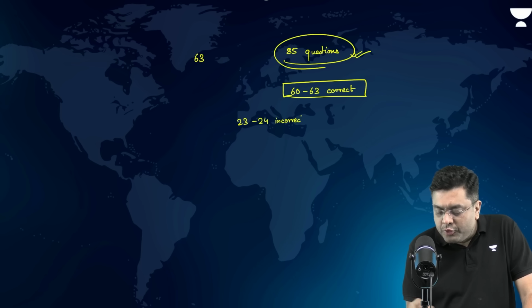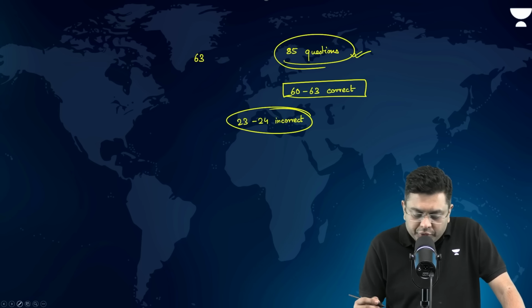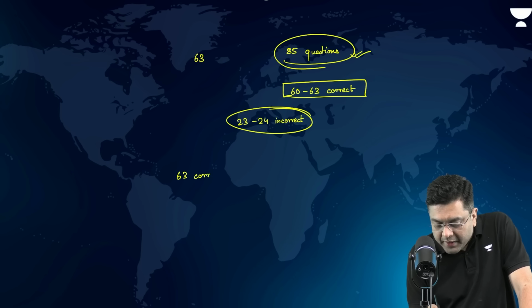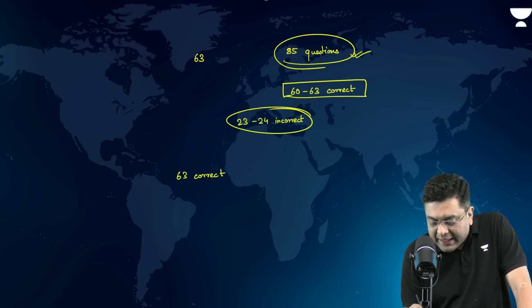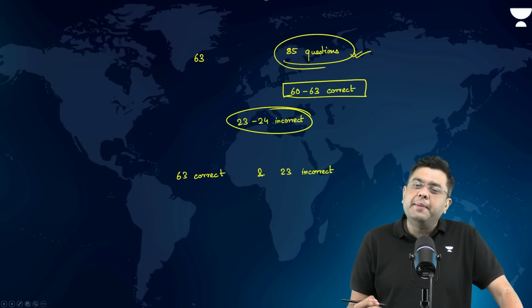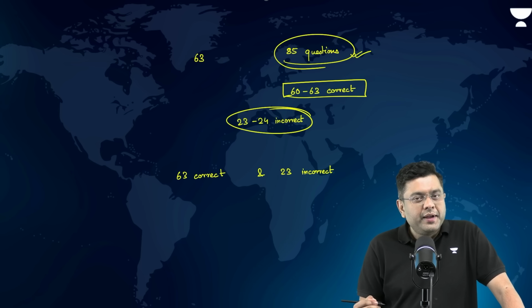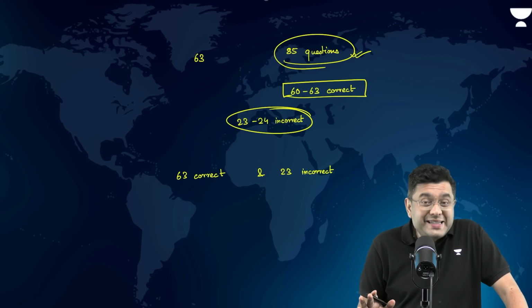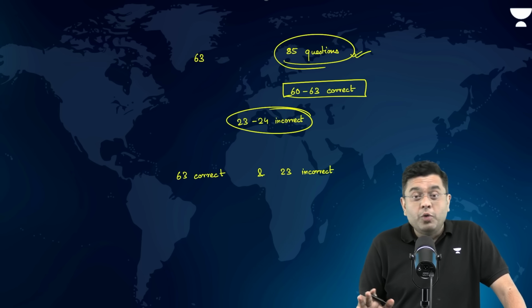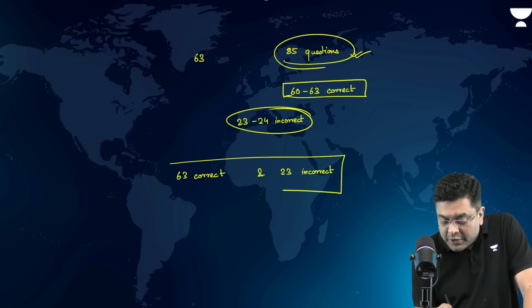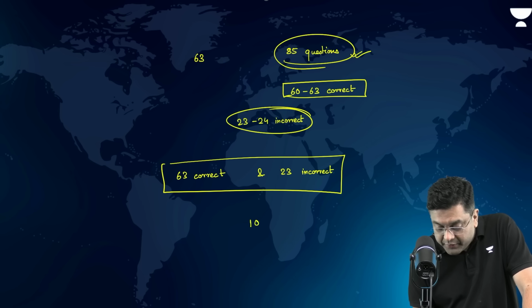So even if you get, let's suppose, 63 correct and 23 incorrect, what is the number that you are staring at? You are looking at a number which is around 105, 110, thereabouts. So even with this, you are able to secure 100 plus.